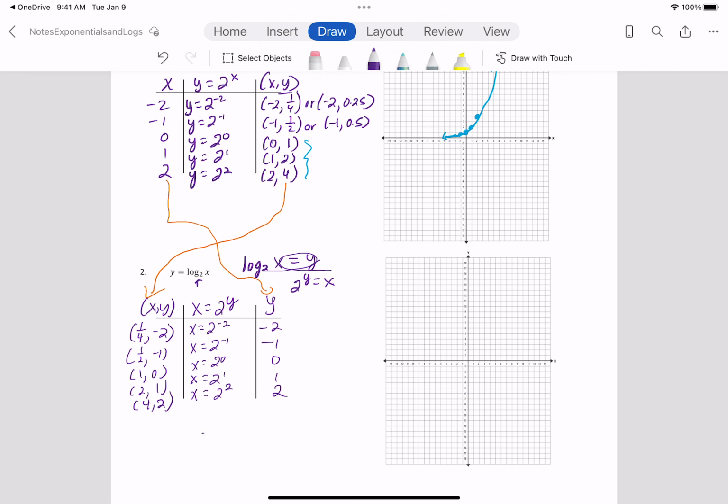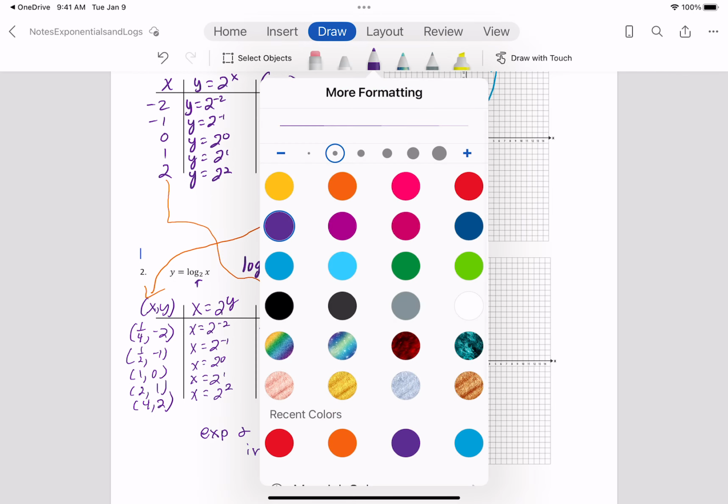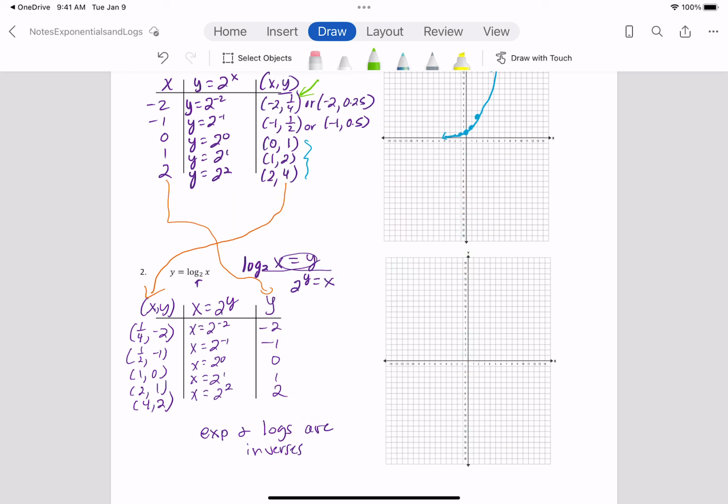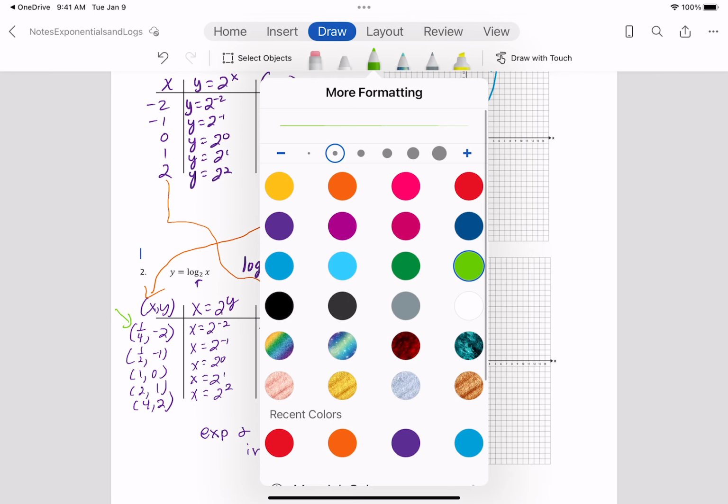That's because exponentials and logs are inverses of each other. So they undo each other. It also means that it switches out their x and y coordinates. So you see, for this one up here, we have x is negative 2 and y is 1/4. And for this one, we have x is 1/4 and y is negative 2. So my coordinates have switched out.